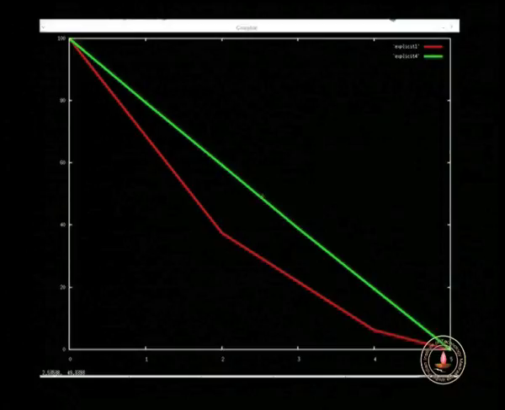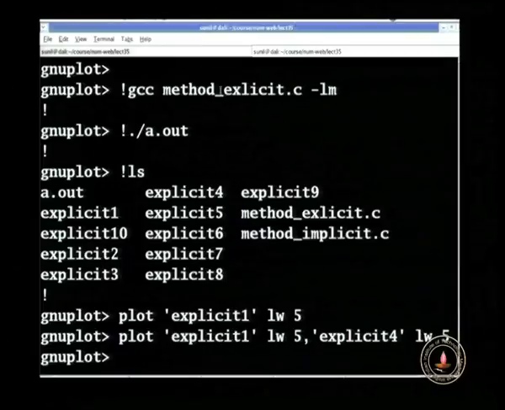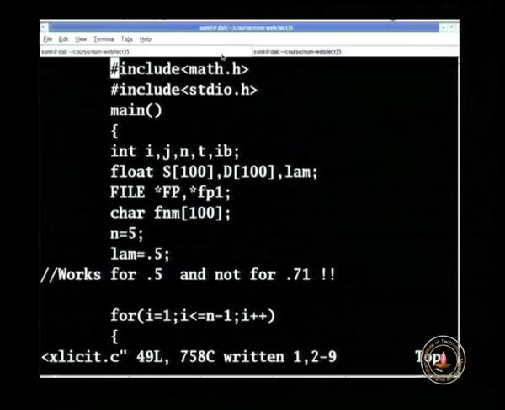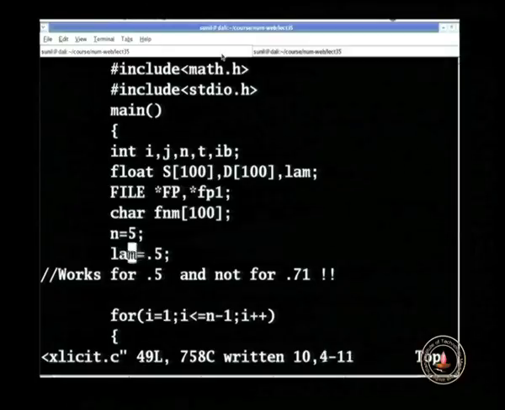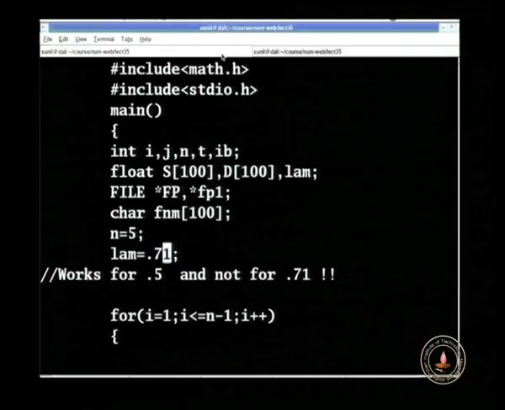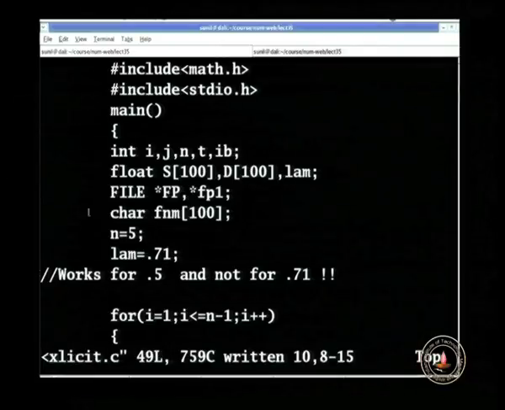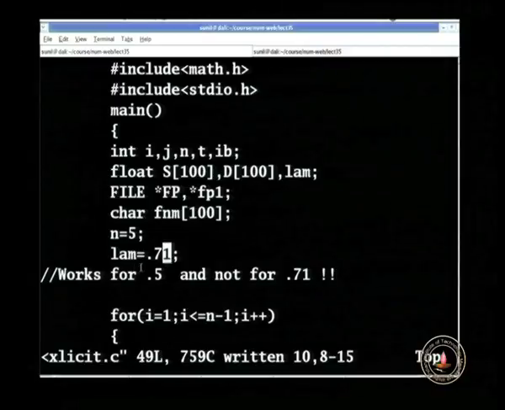Now let's look at the same program when we change lambda to 0.7 something. Let's say we change this to 0.71. That's what I've written in the comment here. Then we will see that it doesn't work very well for lambda equal to 0.71.